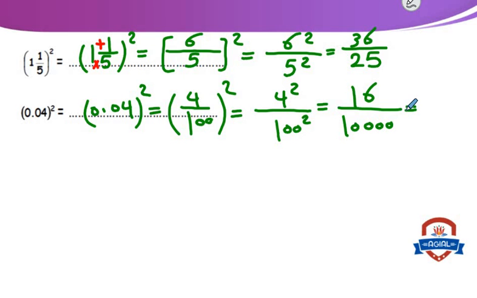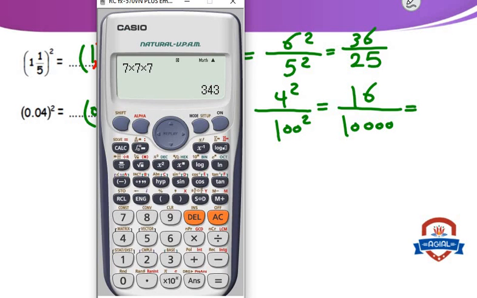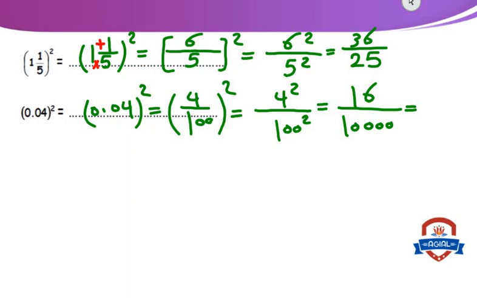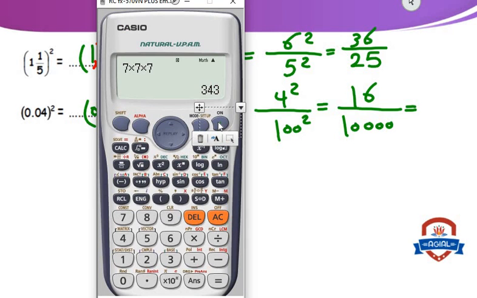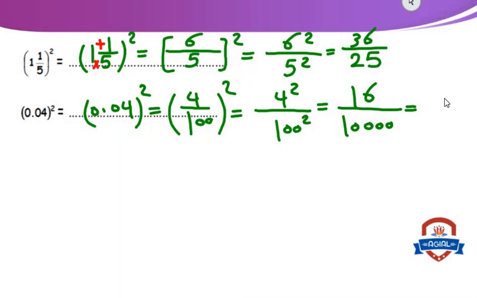In the simplest form, 16 over 10,000 equals 1 over 625.